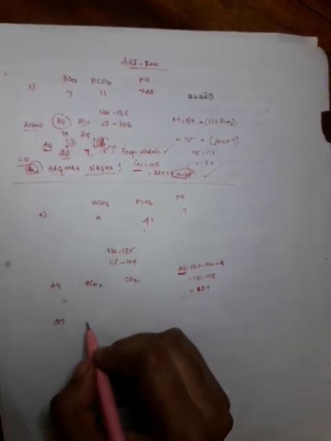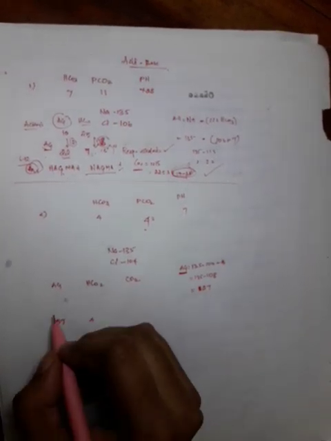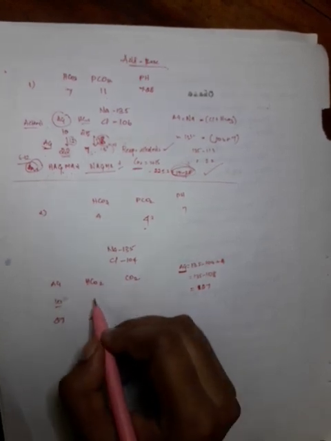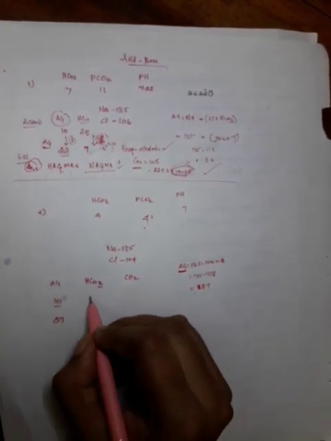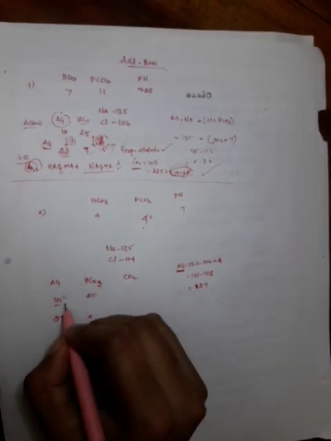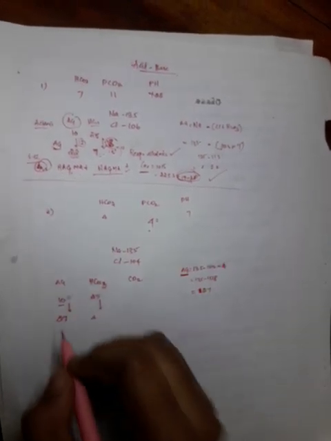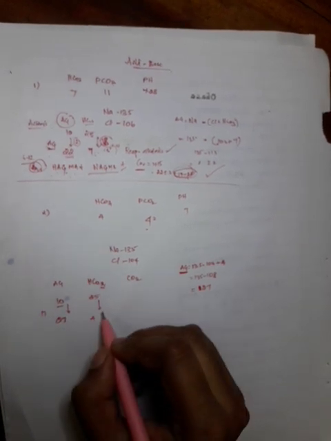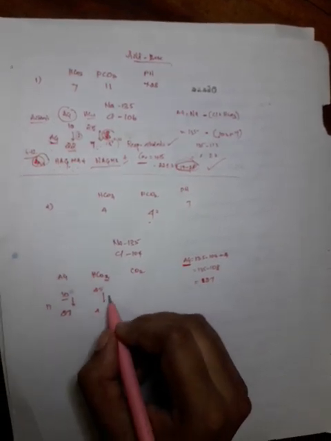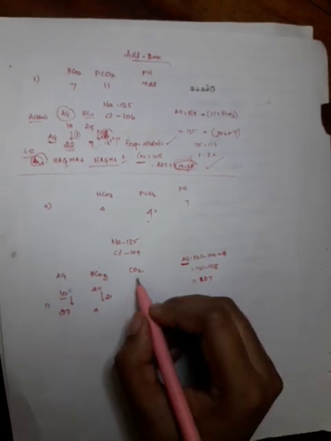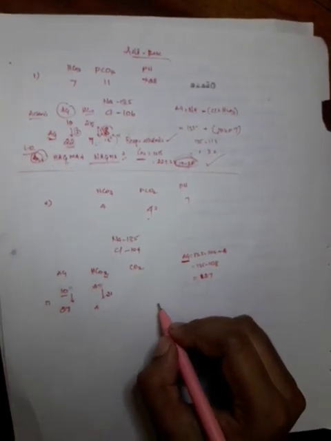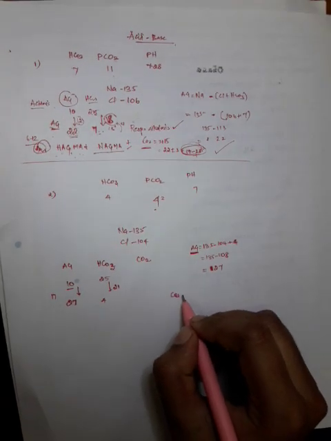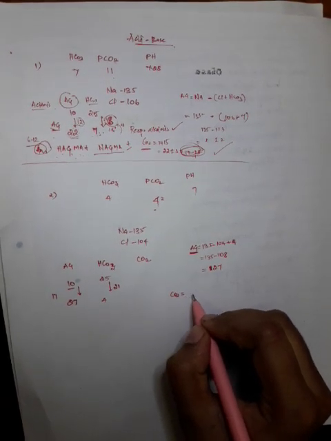Next, bicarbonate given value is 4. Write the normal values: anion gap normal 10, bicarbonate normal 25. What's the change? Anion gap changed 10 to 27, which is 17, and bicarbonate 25 to 4, which is 21. Then expected carbon dioxide, calculated from the bicarbonate value: expected carbon dioxide is bicarbonate plus 15 plus or minus 3.